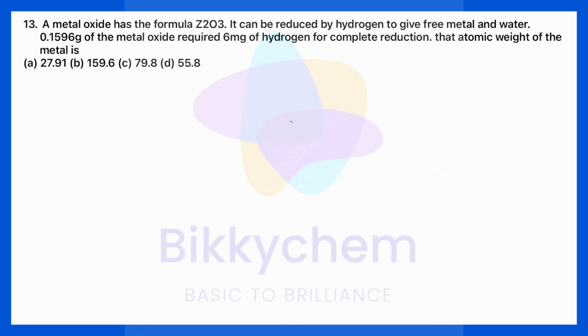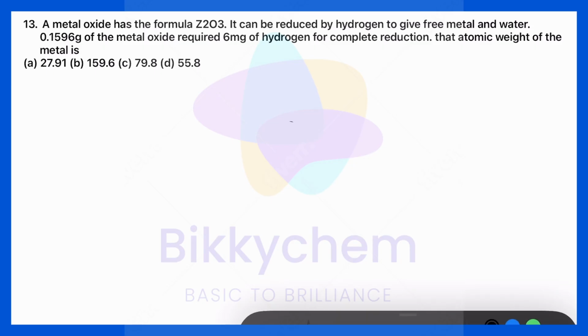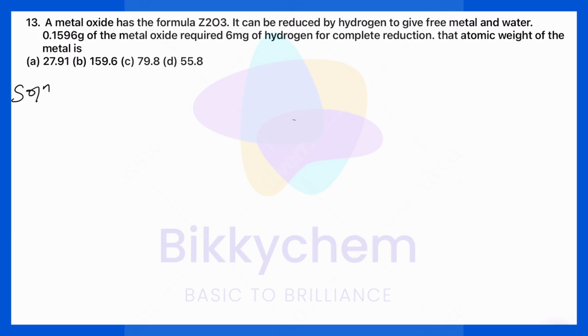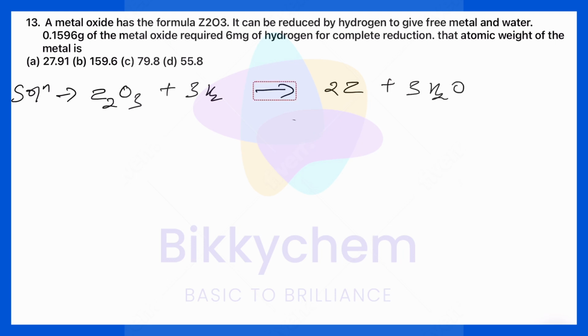So the solution will be: Z2O3 reduced to give 2Z plus 3H2O. Here 0.1596 gram is given, and 0.06 gram of H2 is given. 6 mg means 0.06 gram.